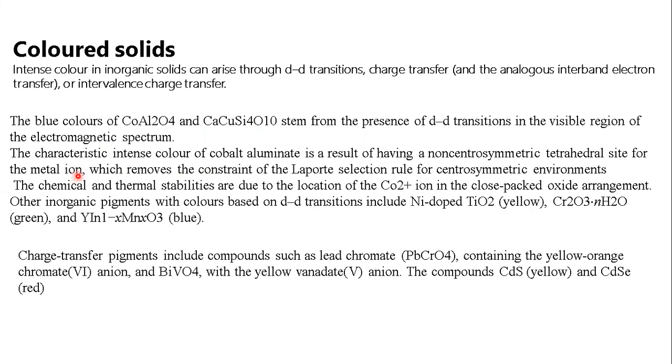Now, d-d transition is actually not allowed. What are the rules for transition? One is the Laporte rule, and one is the spin rule. So two types of rules are there. Generally, d-d transition is normally not allowed, meaning Laporte forbidden. Why? Because they are the same type of orbital.